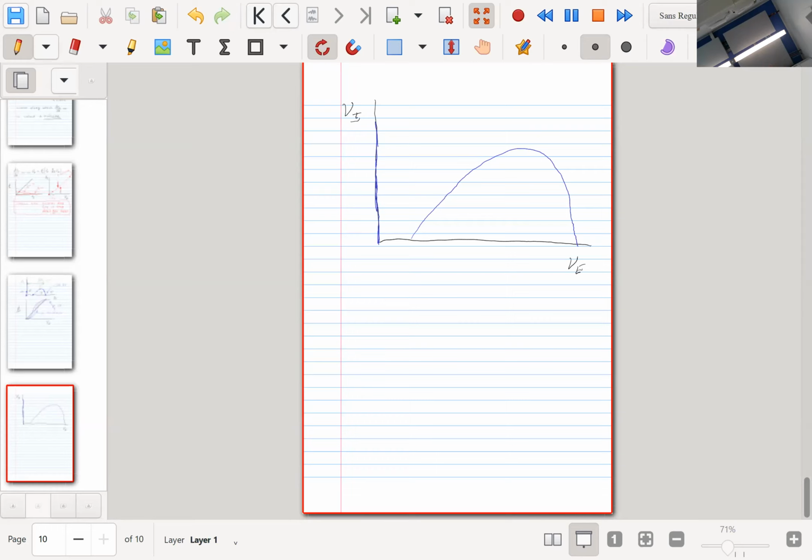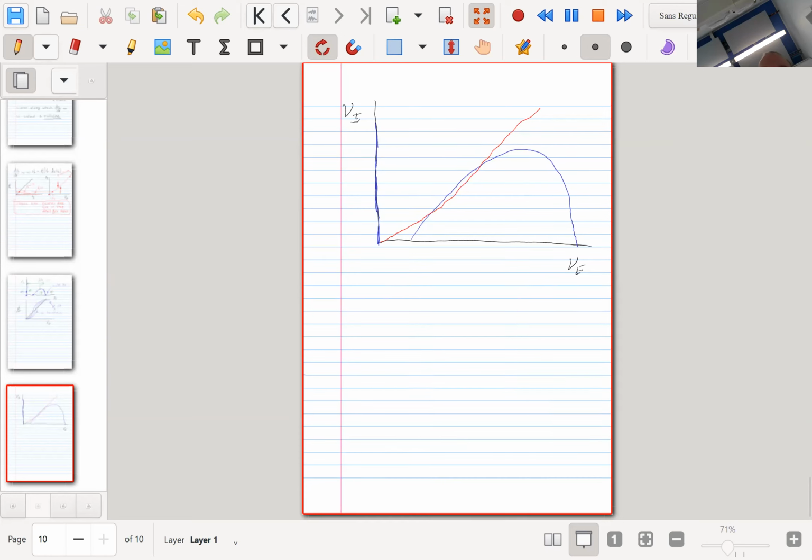The intersections are stable fixed points. I don't know what the red looks like, but maybe something like this. We have a lot of freedom in where we could draw it. We could draw it over here.